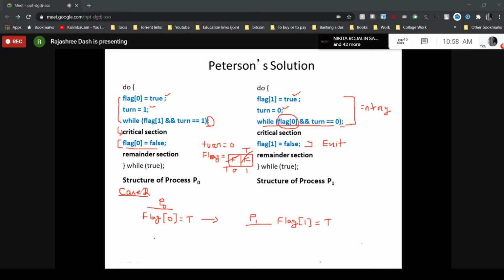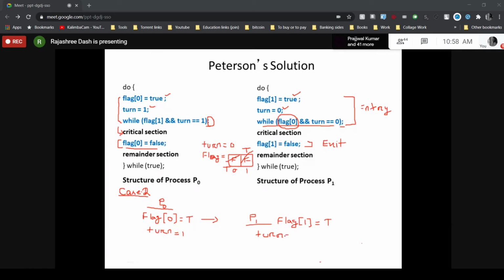Now after that, let P0 execute the statement turn equal to 1. Just check carefully. While P0 is executing its statement turn equal to 1, P1 is also executing its statement turn equal to 0. So turn is a shared variable.